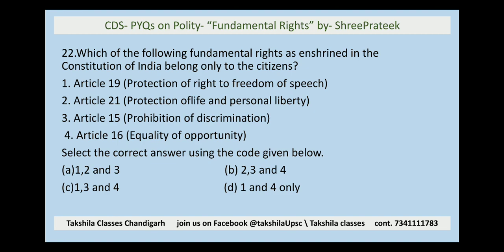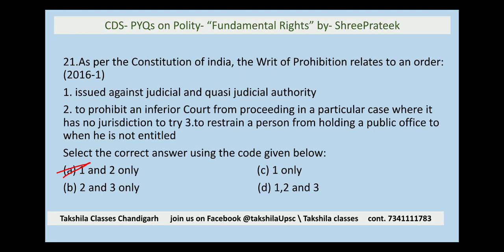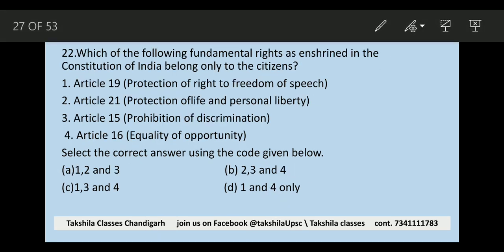Let's see another question. Which of the following fundamental rights as enshrined in the Constitution of India belong only to citizens? We have discussed Articles 15, 16, 19, 29 and 30. So 19 is available only to the citizens. That is true. Then 21 is available also to the foreigners. 15 is also only available to the citizens.